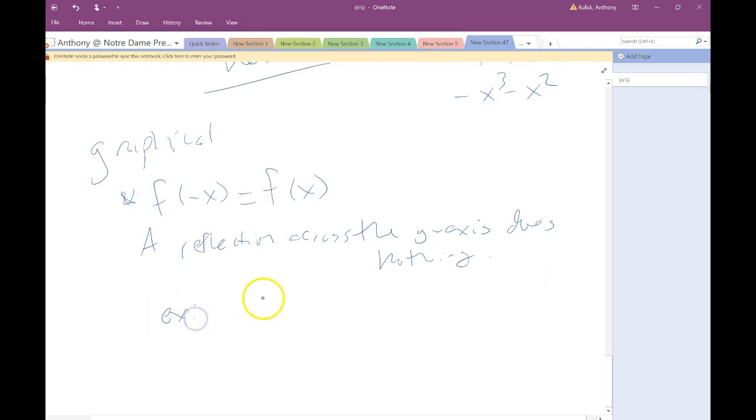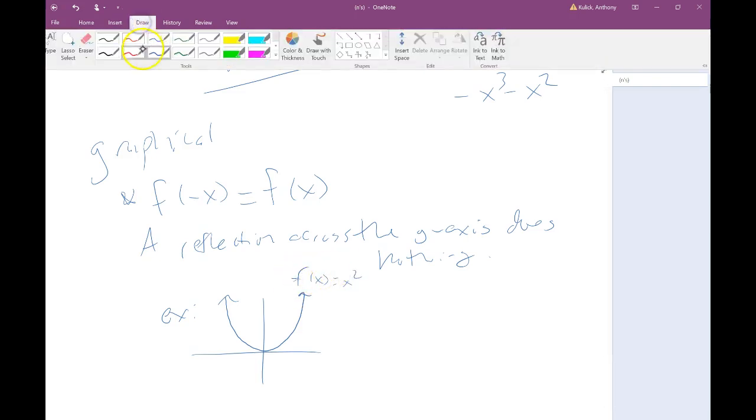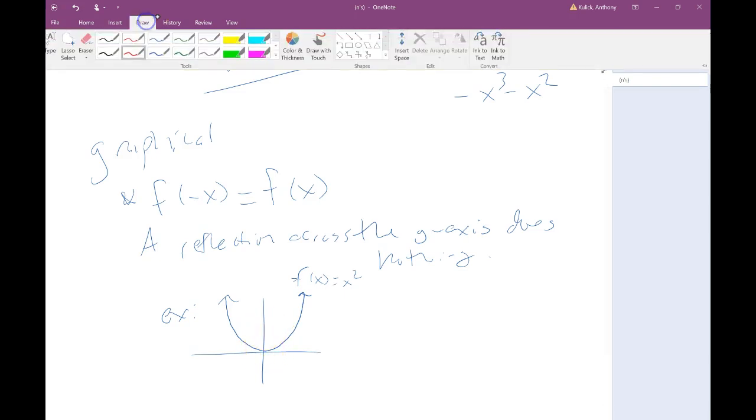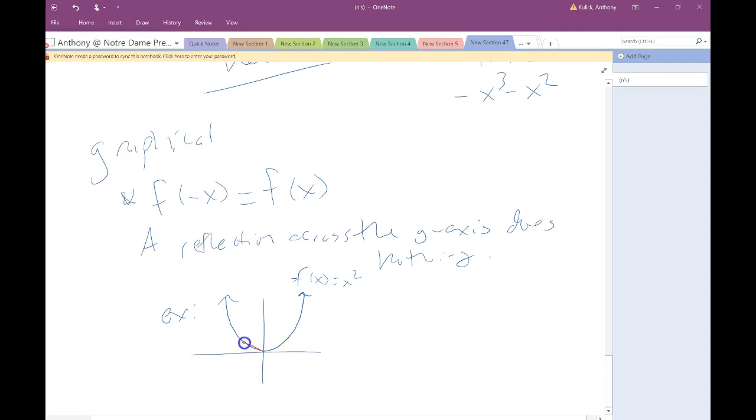So, for example, if my function is, say, x squared, if I reflect this across the y-axis, the right side of the graph gets reflected and it lays right over the left side of the graph. And when I reflect the left side of the graph, that lies right on top of the right side of the graph. So we notice that there is no change, right? And that means we're even. Okay?